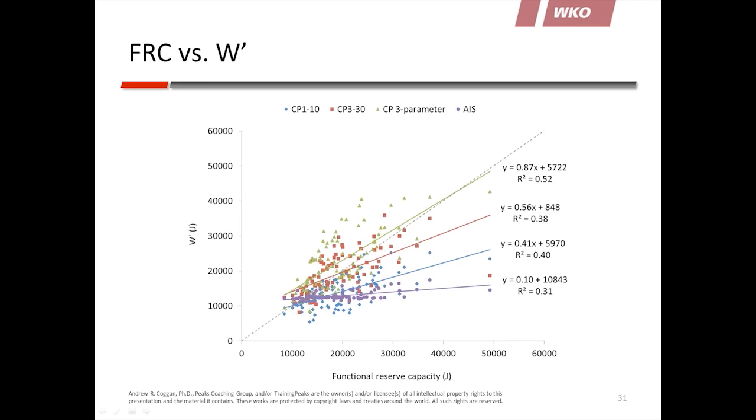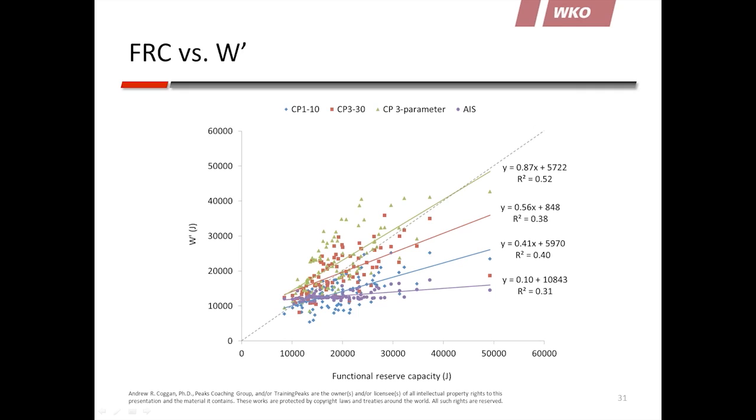These are the regression lines for the various models. The AIS model down here, the 1 to 10 minute here, the 3 to 30 minute data here, and finally, the critical power 3-parameter model, W prime measured using those various approaches, plotted against functional reserve capacity, calculated using the new model for the same individuals.